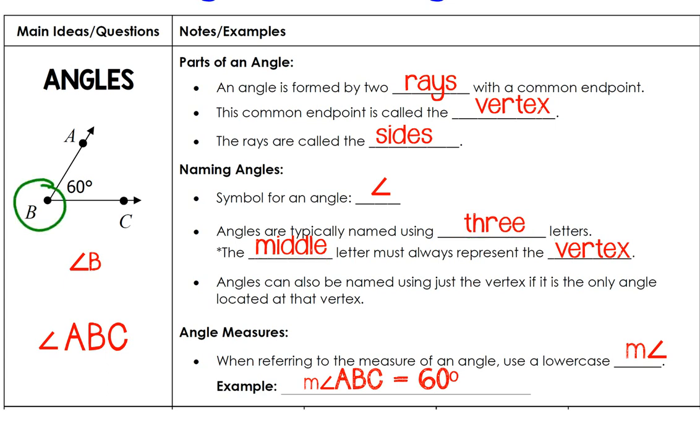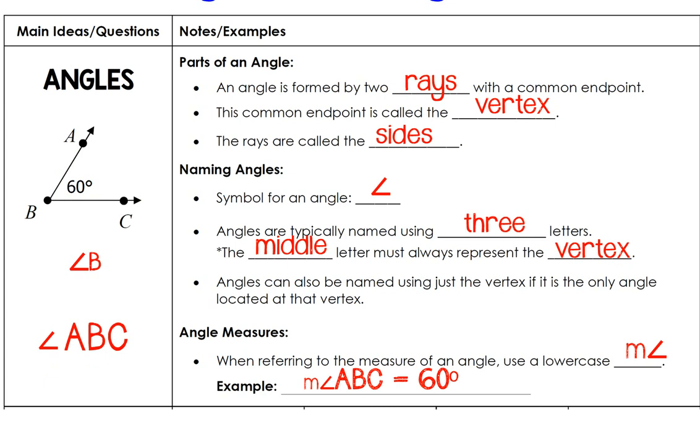So we can call this angle B. We could also call it by all 3 of the letters it passes through, A, B, C, or we can even call it the reverse, C, B, A. But those are the only combinations. You can't call it angle C, A, B because they don't connect in that order.